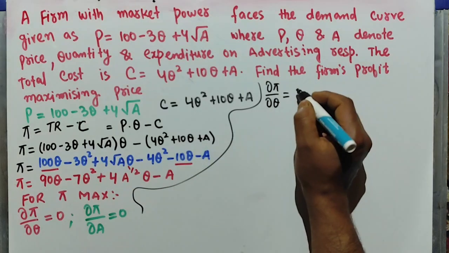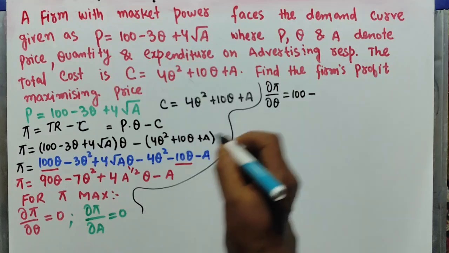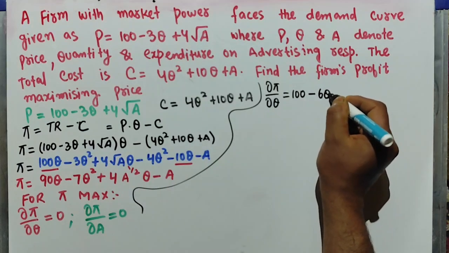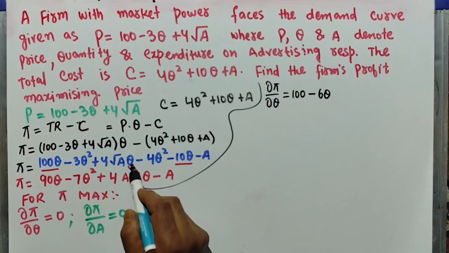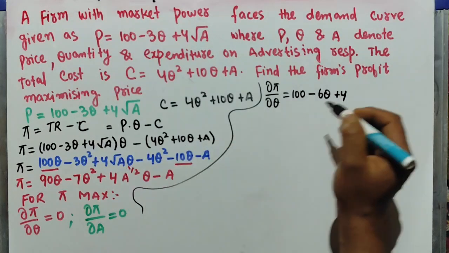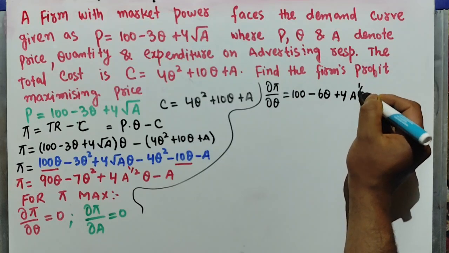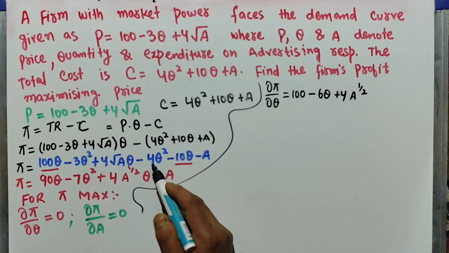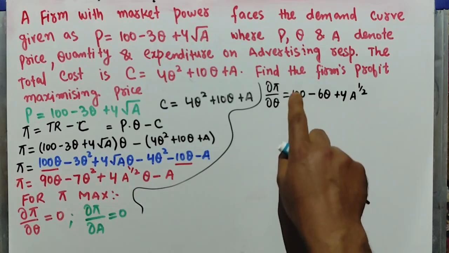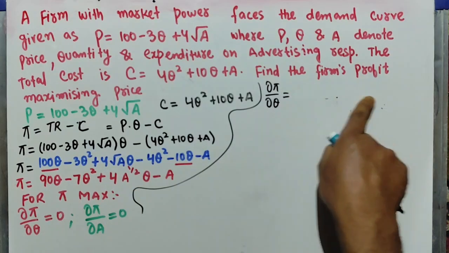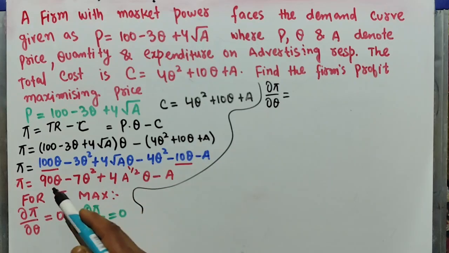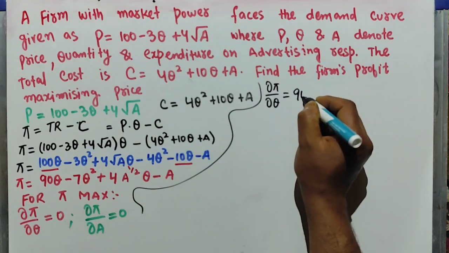Derivative of q in the first term is 1, so we are left with 90.